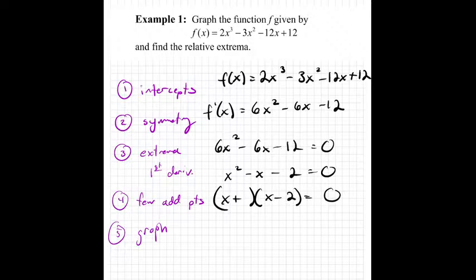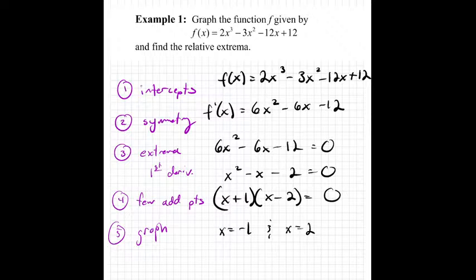Let's see if this works. 1 times negative 2, that's negative 2, and then 1 plus negative 2 is negative 1, okay? So then from here, we get that x equals negative 1 and x equals 2, right? So those are critical values. So we're anticipating a relative extrema when x is negative 1 and x is 2, right?